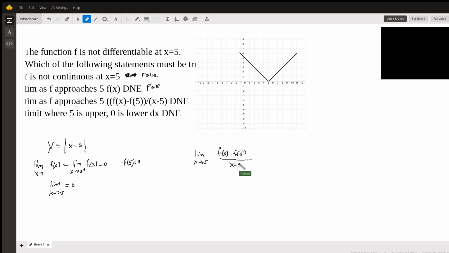That's the definition of f prime of 5, or the first derivative at 5. And this certainly exists as well. So this is false.